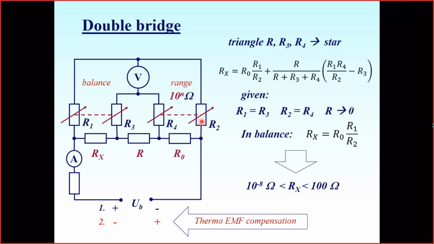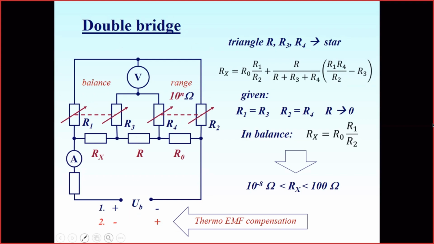But this balance will be ensured if the resistance R is as close to 0 as possible. So very often these 2 points are just connected together using a very big diameter conductor, very short. So this R is actually the resistance of a very short, very good, big diameter, usually copper conductor.